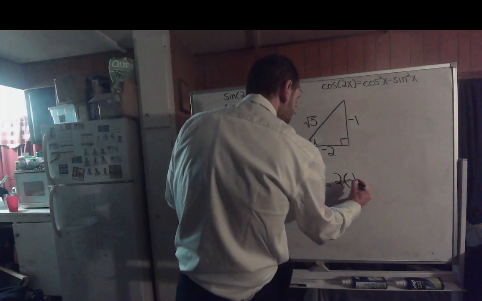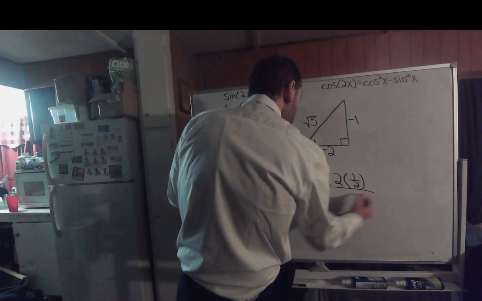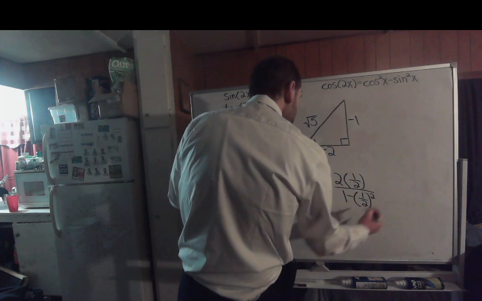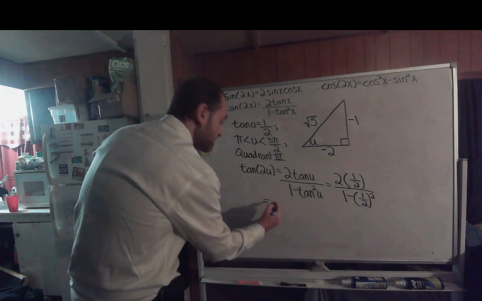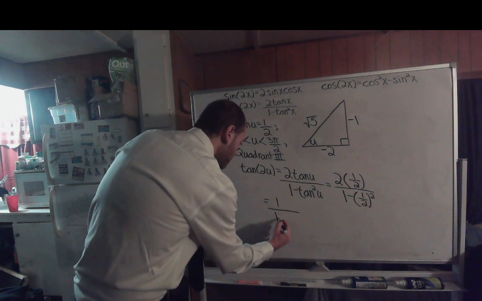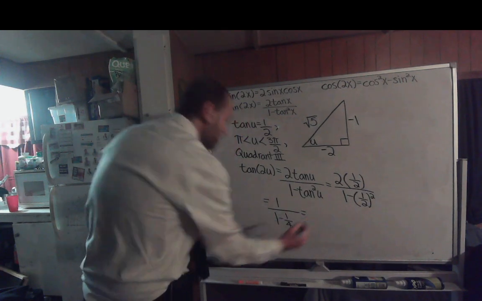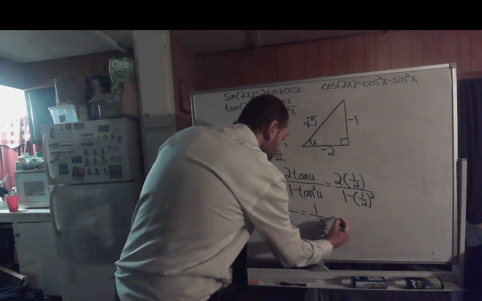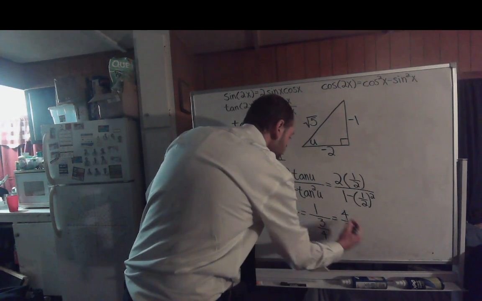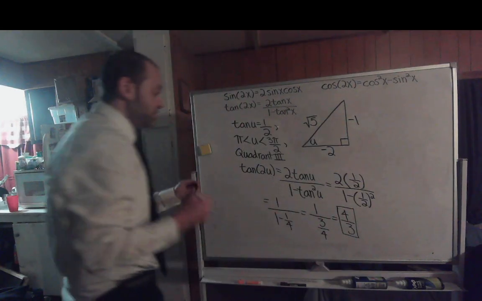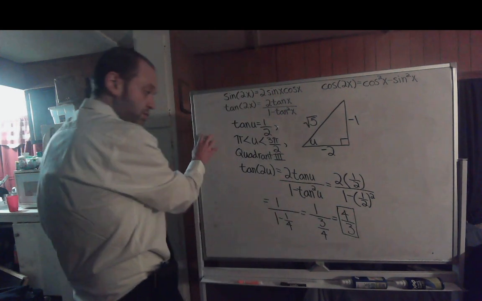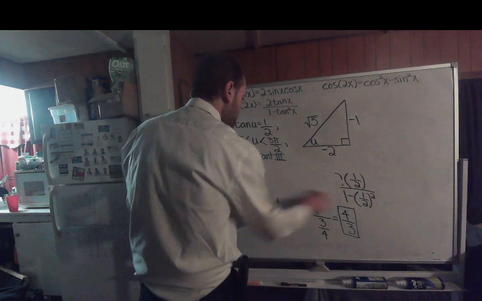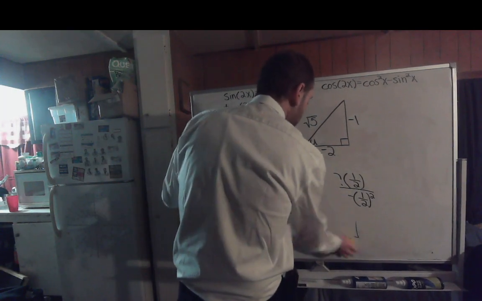That would actually be positive 1/2, all over 1 minus that 1/2 squared. So this is going to simplify into simply 1 over 1 minus 1/4, which would end up being 1 over 3/4, which would be 4/3. So the tangent of 2u ends up being positive 4/3. And you guessed it, we're about to move on to a fourth quadrant triangle. We certainly are.